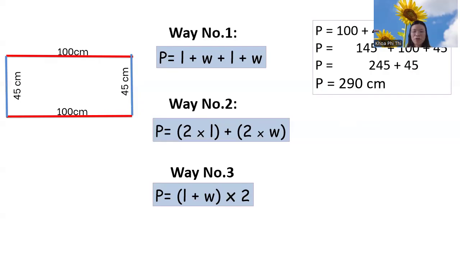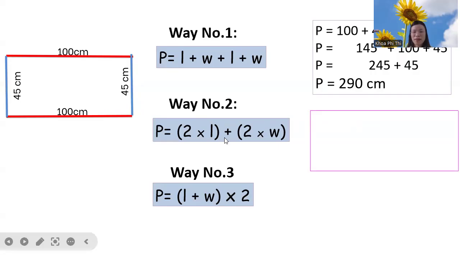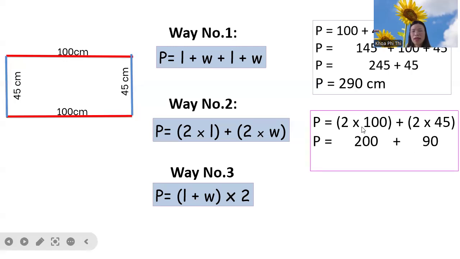Now let's look at group 2. Did she write the calculation based on way number 2, formula 2? She grouped the length and the width. She wrote 2 times 100 plus 2 times 45. 2 times 100 equals 200, and 2 times 45 equals 90, and then add up these numbers.